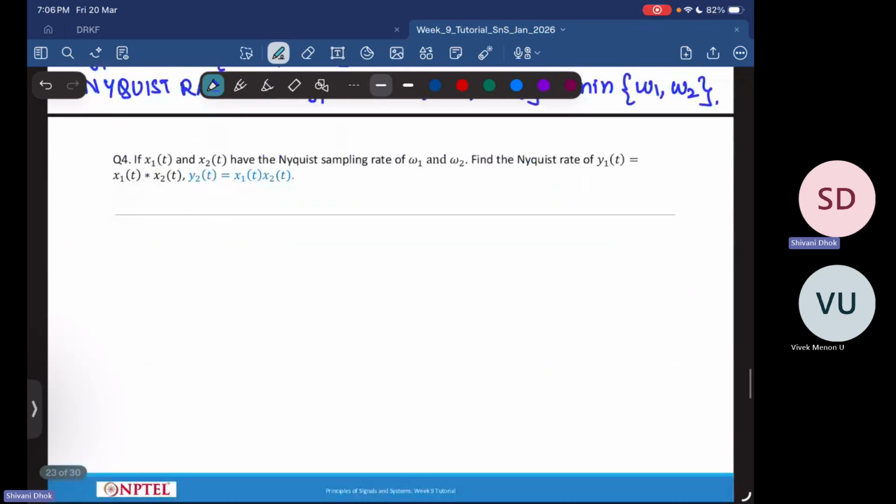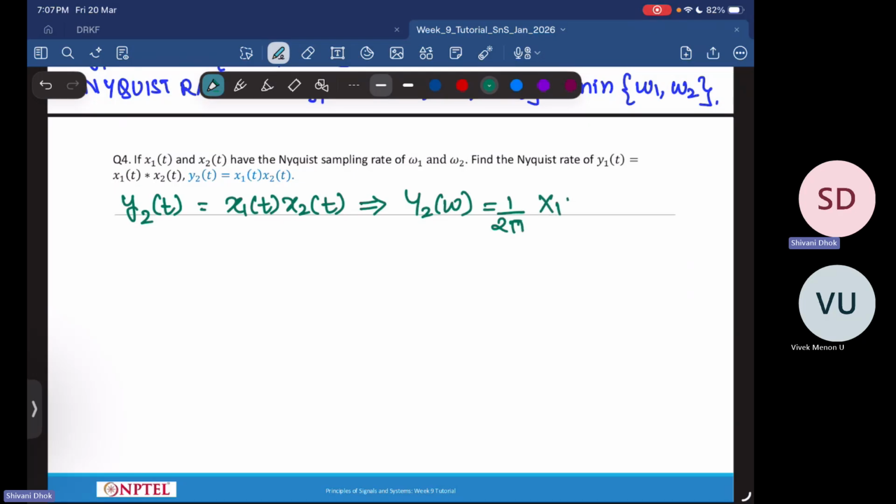Now instead of convolution in the time domain, if you have multiplication in the time domain, that is y2 of t is x1 of t into x2 of t, that gives y2 of omega as 1 over 2 pi into x1 of omega convolved with x2 of omega. We have seen this multiple times, but this is the multiplication in time property.